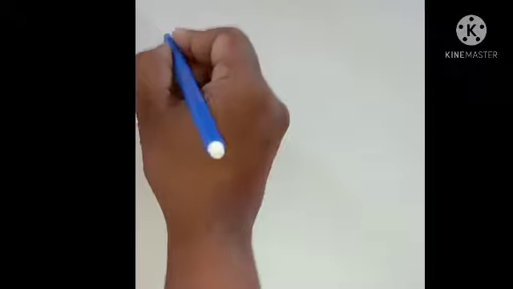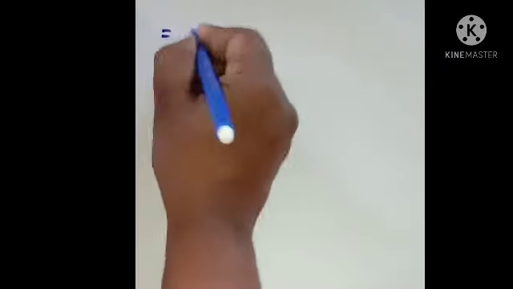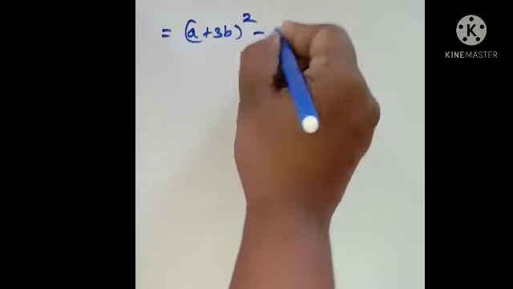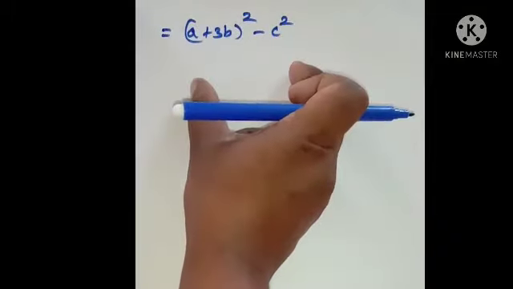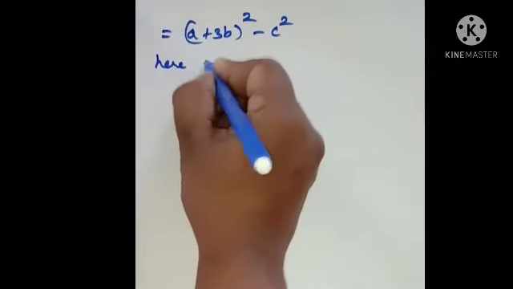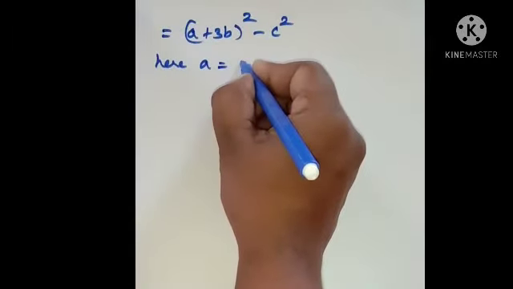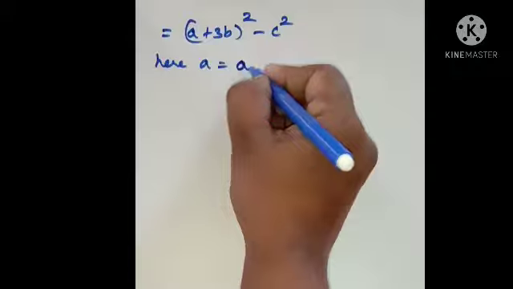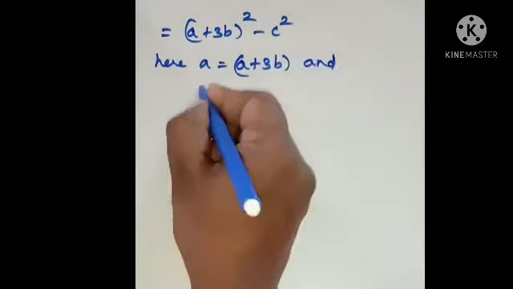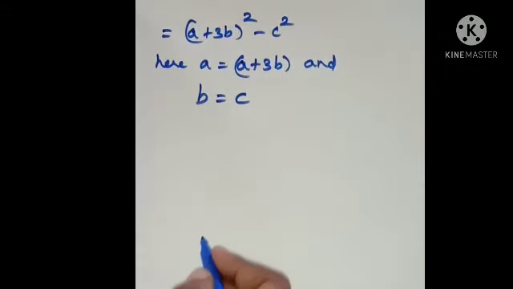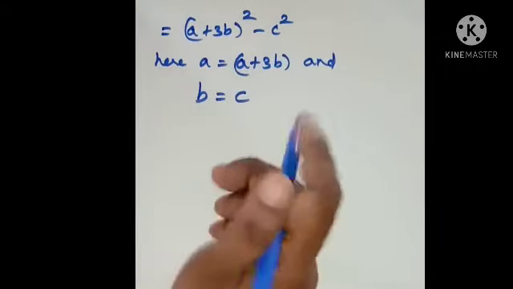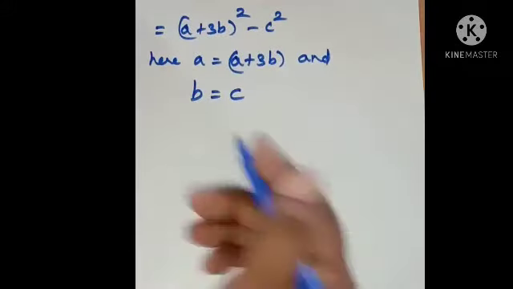Here we are having a plus 3b the whole square minus c square. So again it is of the form a square minus b square. Here a is equal to, in place of a, what is present? a plus 3b, and in place of b, here it is c. Now we know that a square minus b square is equal to a plus b into a minus b.